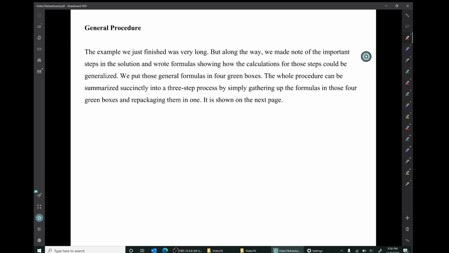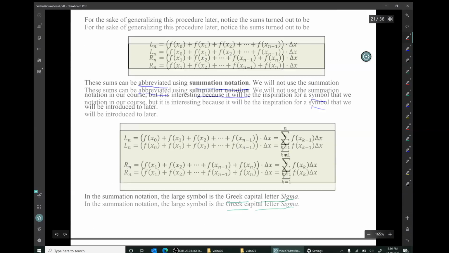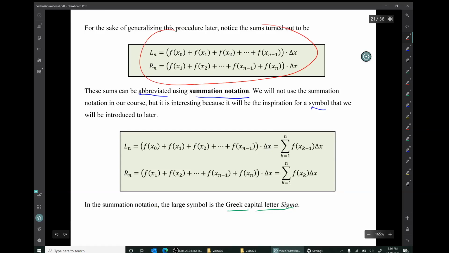Now, the example that we just finished was very long, but along the way we made note of the important steps in the solution, and we wrote formulas showing how those calculations for those steps could be generalized. We put those formulas in some green boxes, like that.